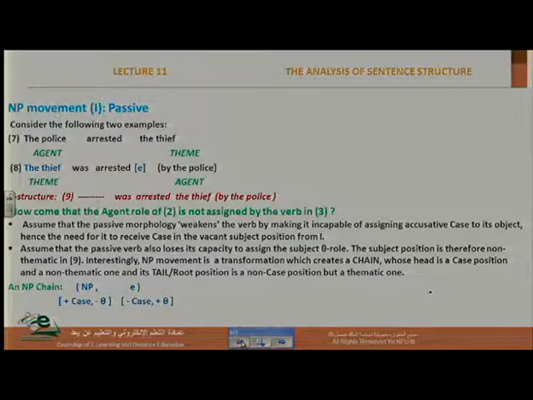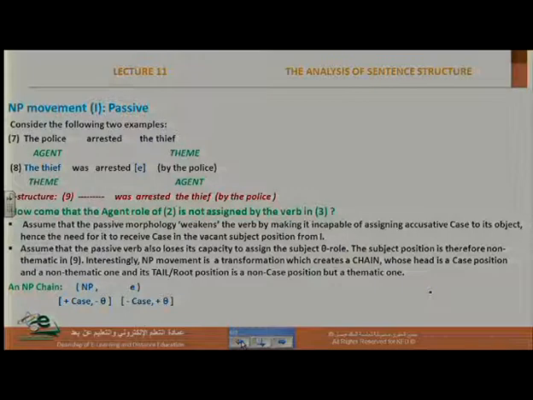Hence, it is obliged to move to some case position, the vacant subject position, to receive case, because was arrested has weakened in such a way that it doesn't have a case feature anymore. Now, assume also that the passive verb loses its capacity to assign the subject thematic role, like I said before. So the subject position is therefore non-thematic.